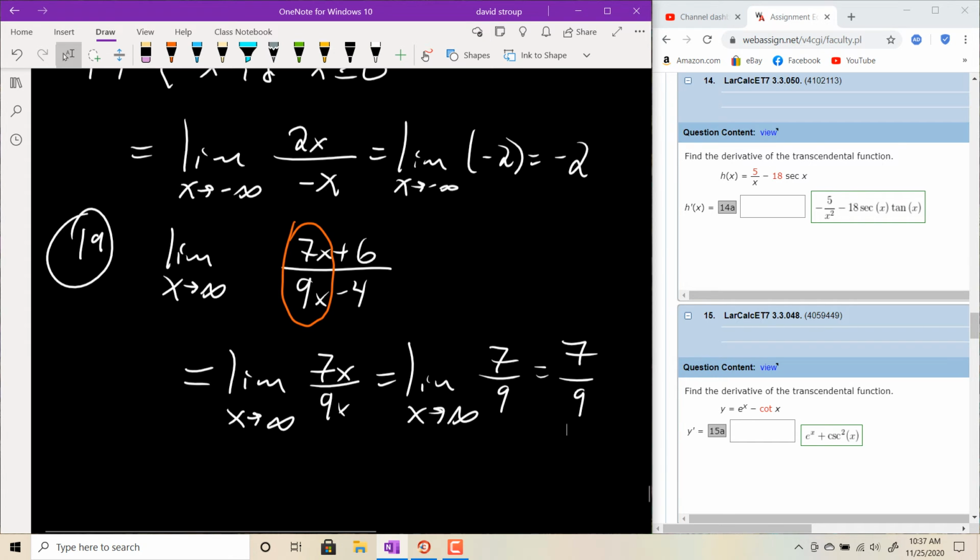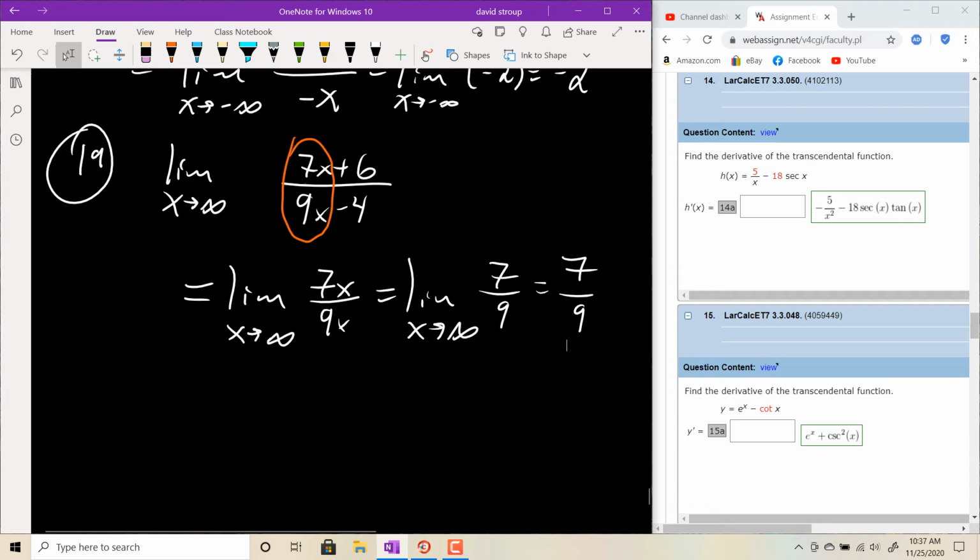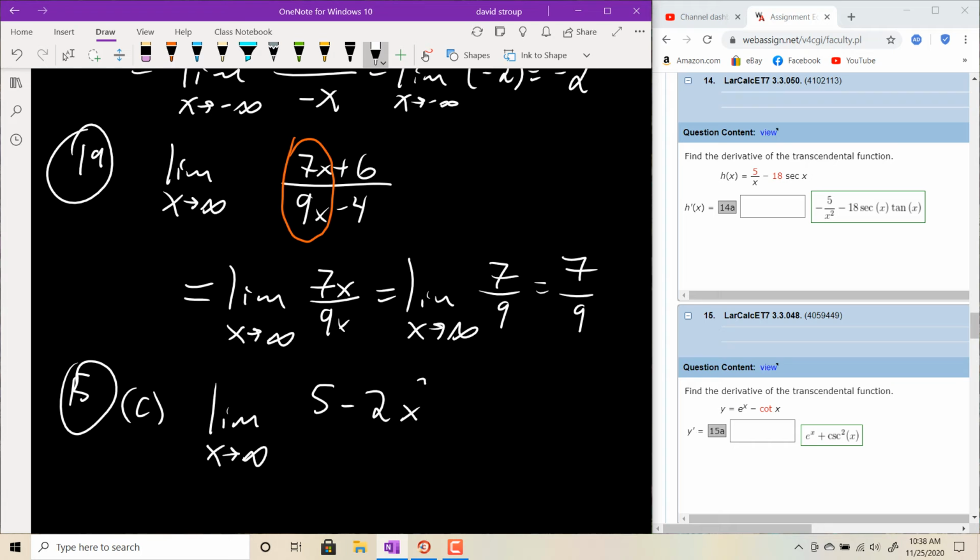And then of course there's ones where the numerator's degree exceeds the denominator's degree, like 15 part C. We'll just do this last one and move on. Limit as x goes to infinity of (5 - 2x^(3/2)) all over (3x - 4). Okay, so the high degree terms are right here and right here.